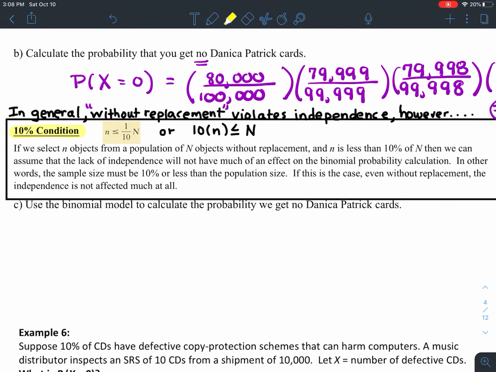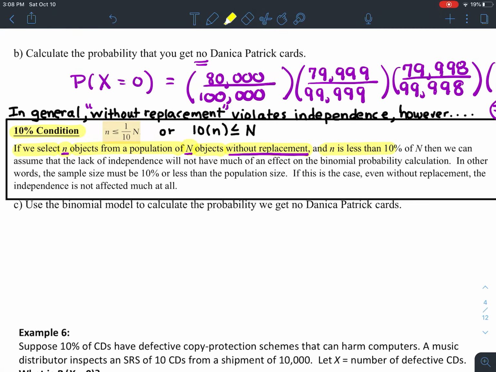What the 10% condition basically says is if your sample size, that's what this lowercase n is, that you're choosing from your population, and we're letting capital N represent the population size, and you're selecting without replacement, so we're talking about this scenario here.